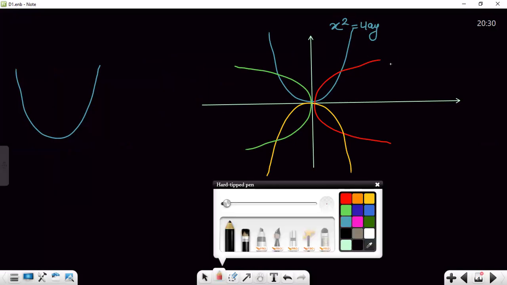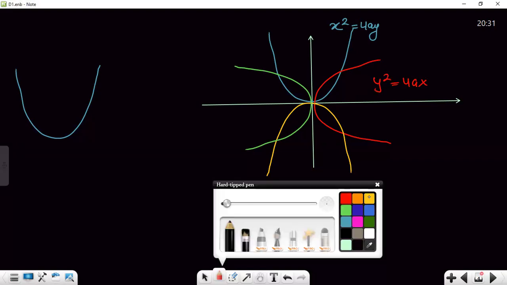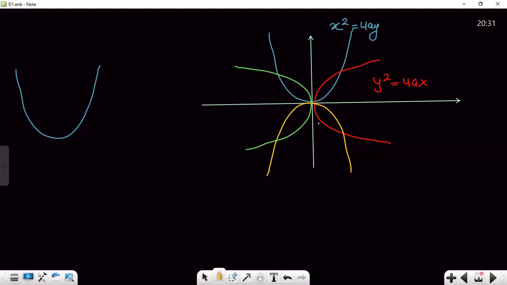This is the rightward facing parabola. In this, x is always positive here. So y square is equal to 4ax. Now this time in the yellow parabola, we can see y is always negative here.